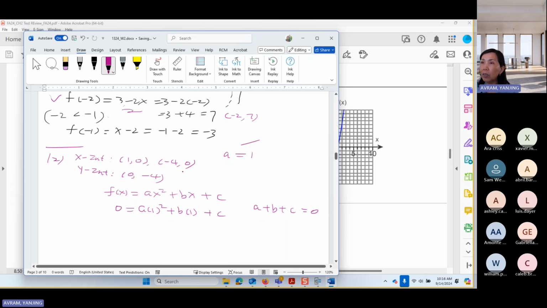And then the second equation: f of negative 4 is 0, so my y is 0 and x will be negative 4.